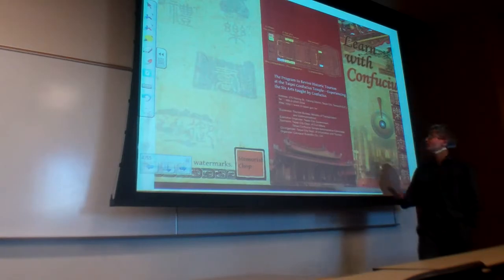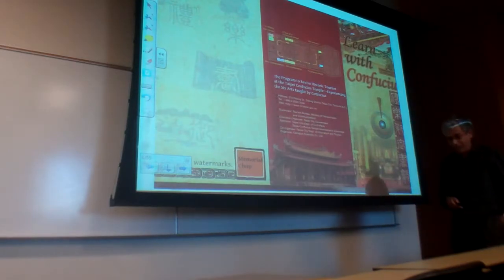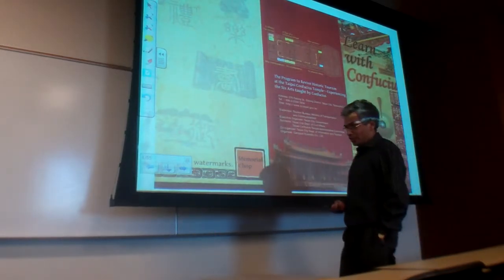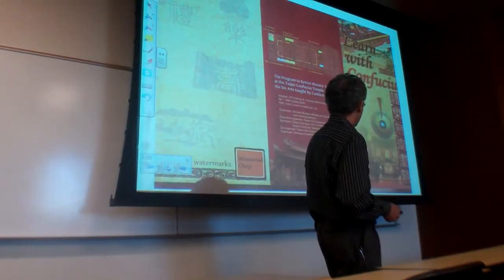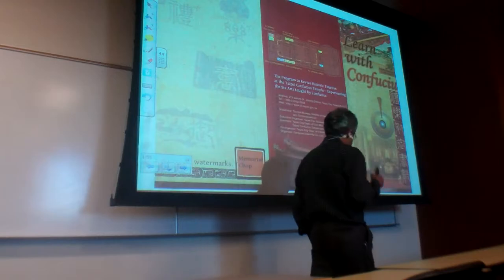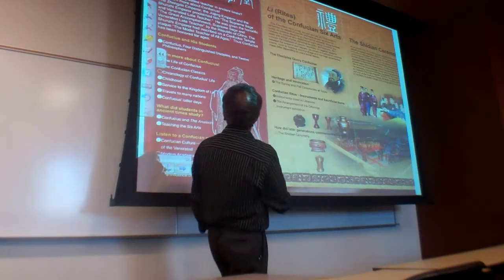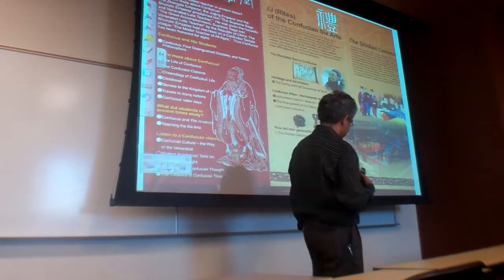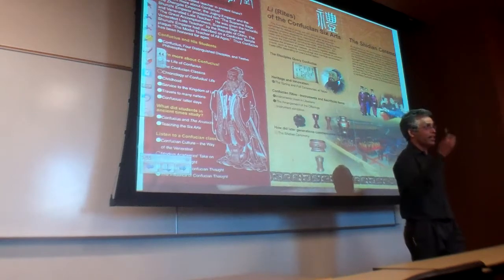a brochure on the Confucius temple, and in particular Confucius is full of wisdom, right? That's what we talk about, Confucian wisdom. And so essentially this brochure was going to talk about the Confucian learning and wisdom and so on. So I picked it up and I was looking at it, and I realized, of course, they talked about various arts that children used to be taught in the Zhou Dynasty.